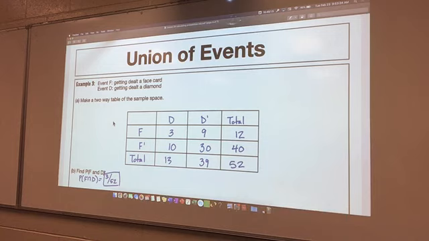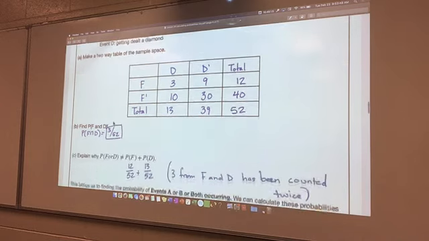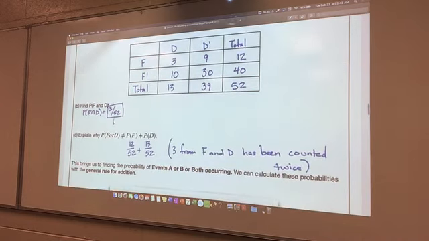So what do you think we would have to do with that? We would have to get rid of it, yeah. So we'd get the 25 over 52, but then we would take out the face cards and the diamonds, or the 3 face cards that are diamonds.